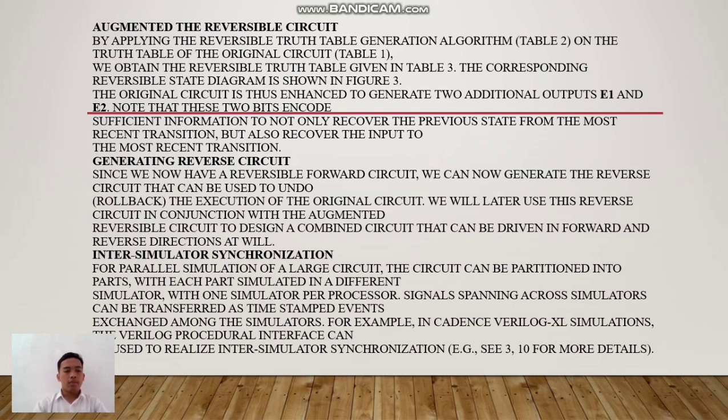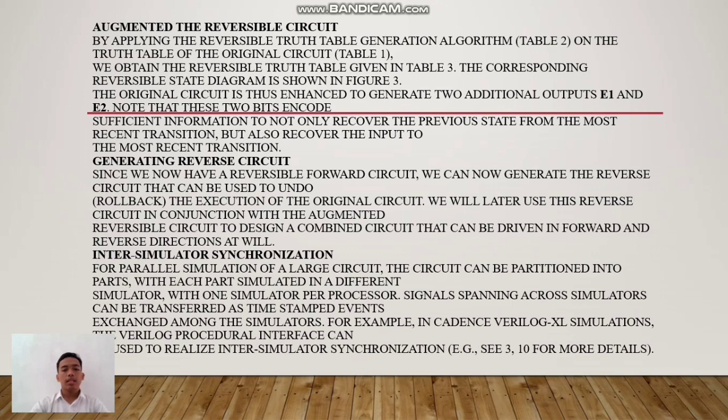Simulator synchronization. For parallel simulation of a large circuit, the circuit can be partitioned into parts, which are simulated in different simulators. With one simulator per processor, signals spanning across simulators can be transferred as time-stamped events exchanged among the simulators.